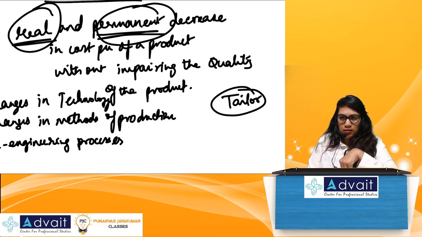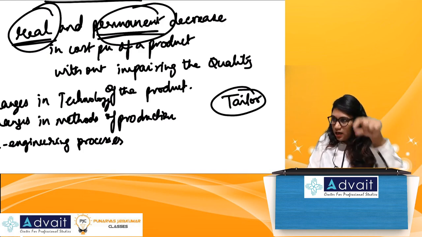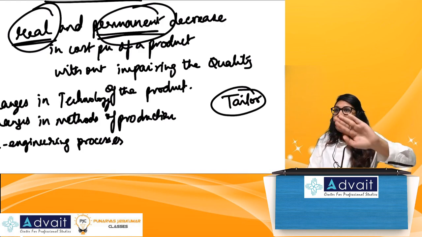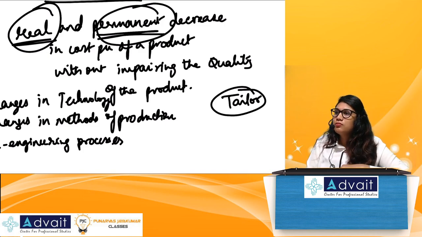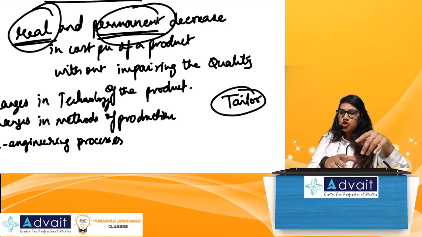That is one thing, and it has some cost. Now instead of the tailor doing it manually, say we replace him with a machine. You feed data to the machine that the blouse should be made of this dimension by this dimension, so the machine only will cut it.